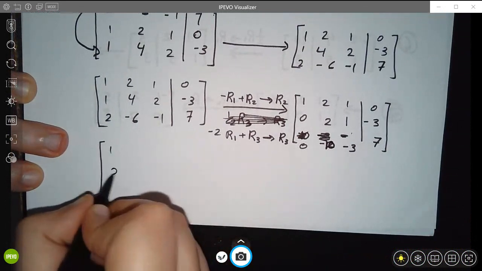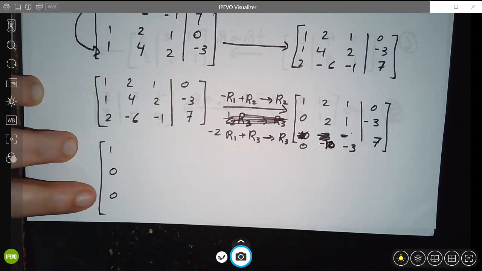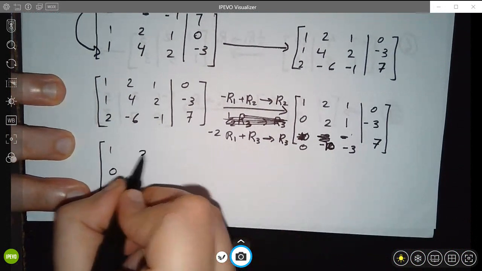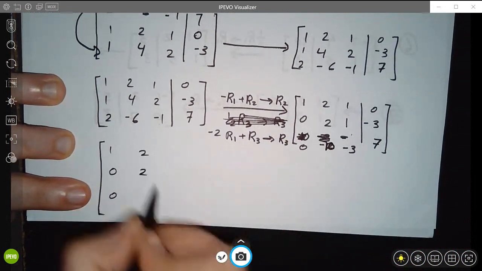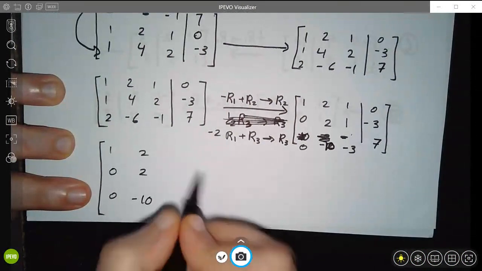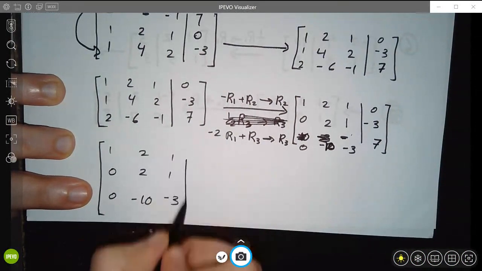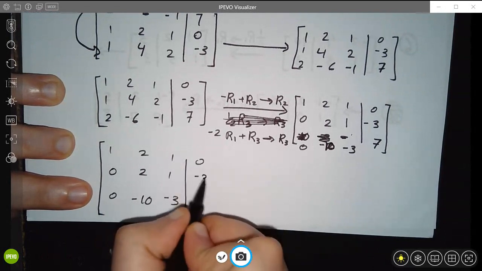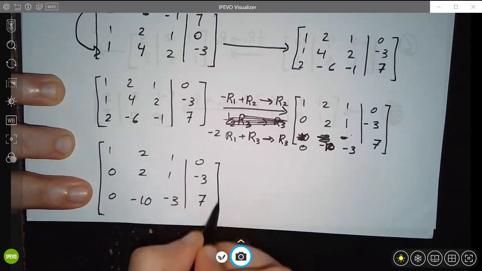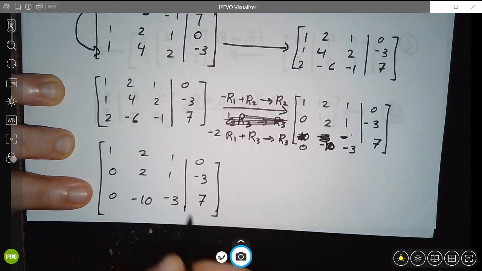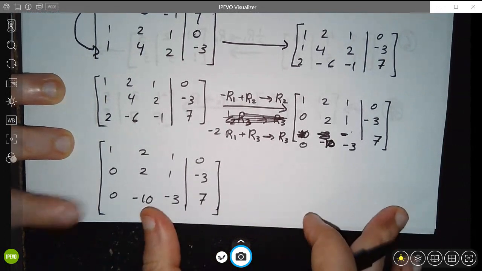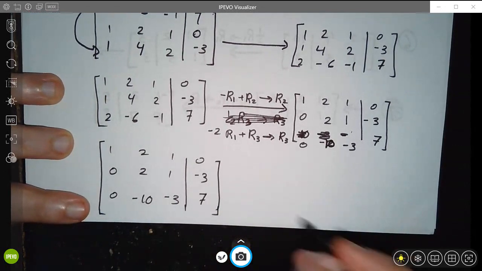So we have 1, 0, 0. You have 2, 2, -10. 1, 1, -3. 0, -3, and 7. Okay, that's my new matrix.